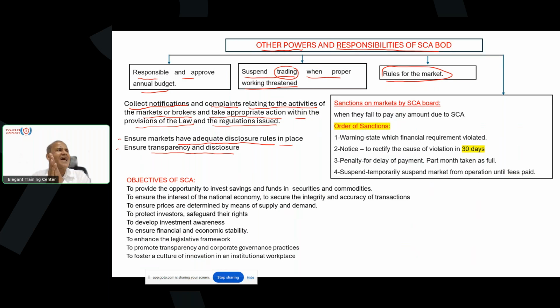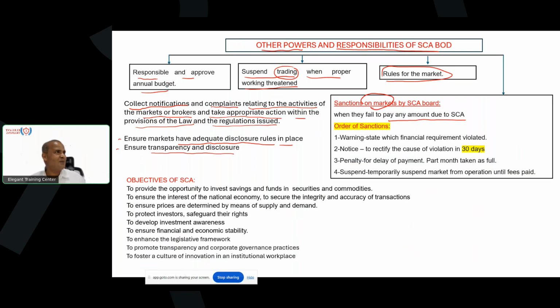Now coming to sanctions. SCA can also levy sanctions on whom? On the market. For what? If they fail to pay any amount due to SCA. Now the question is, why does the market have to pay SCA? Market income, listing fees, fines, penalties, and generally investment commissions.